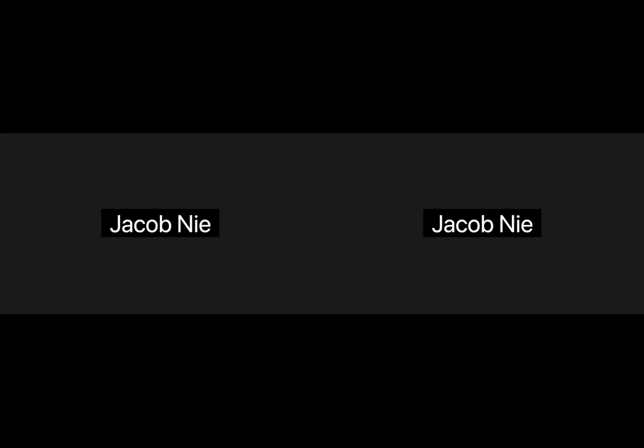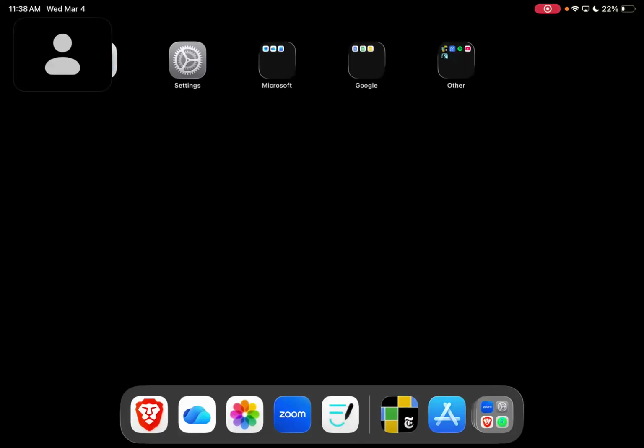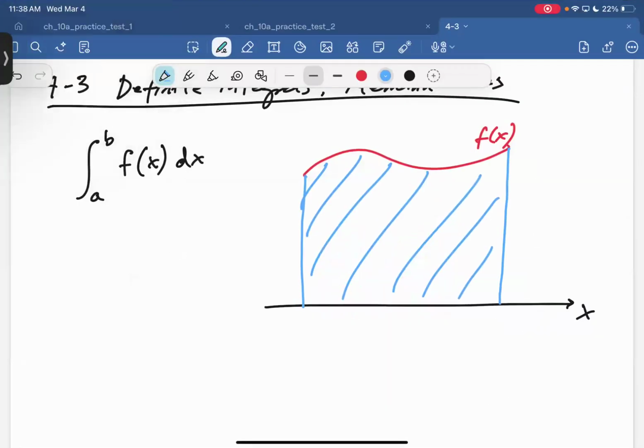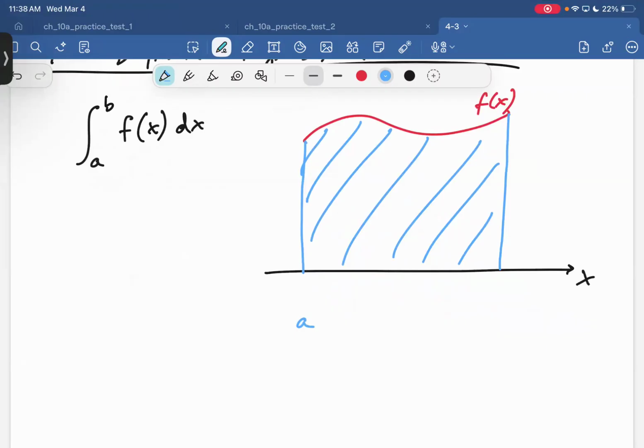So if this is the x-axis, we're looking at this area here. Why is this? I've got to share my screen. Yeah, so we're looking at this area here between the values x equals a and x equals b.